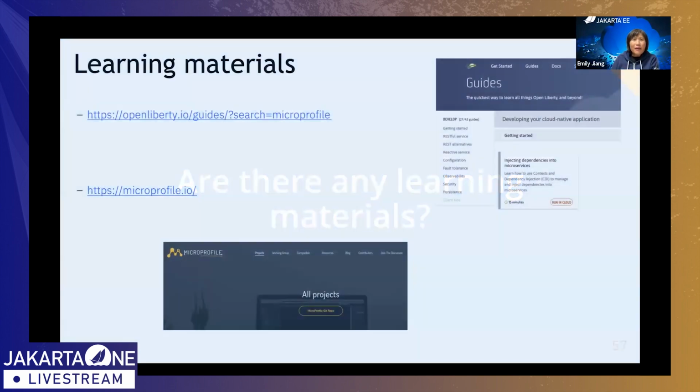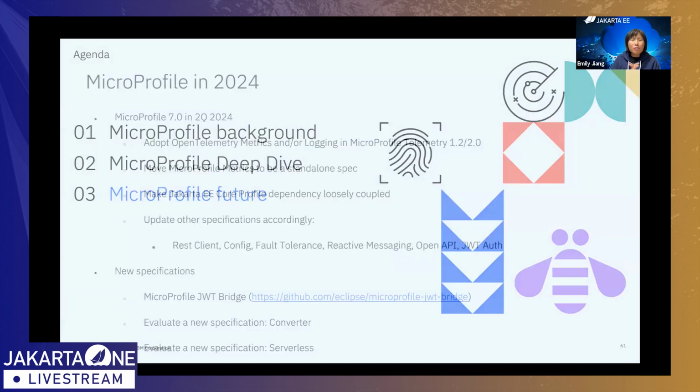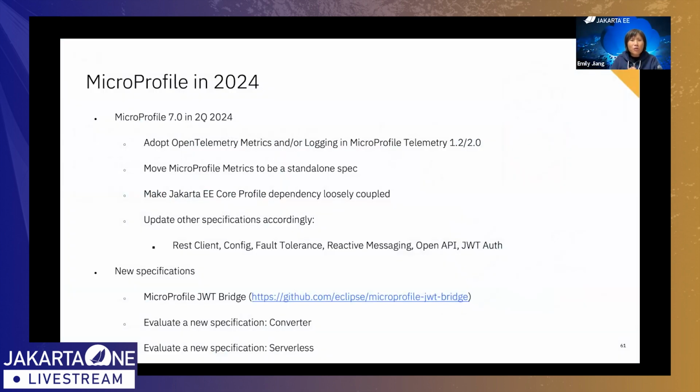Also, on Open Liberty there's a really nice guide about MicroProfile. That's a link. And there's also good material on MicroProfile.io. I also co-authored a book with a few of my colleagues. Check it out.